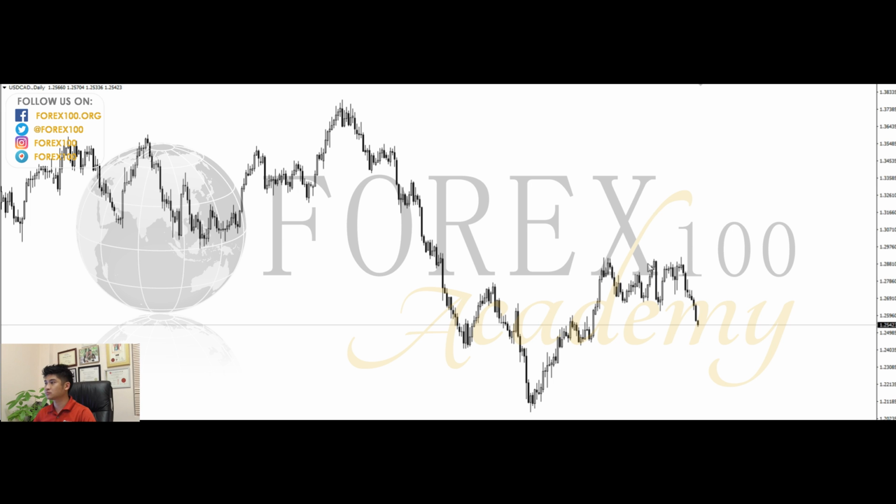So it is a potential or probable formation. Potential head and shoulder formation, or rather inverted head and shoulder formation.